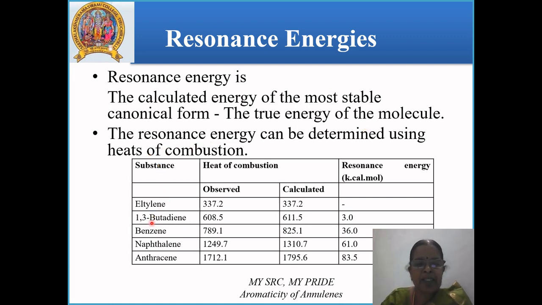If you compare the resonance energy of 1,3-butadiene with benzene, there is a vast difference. 1,3-butadiene, containing conjugated double bonds, has a resonance energy of only 3 kilocalories per mole, whereas benzene, containing 3 alternate double bonds, shows a resonance energy of 36 kilocalories per mole. Similarly, naphthalene and anthracene have higher resonance energies, which is responsible for their greater stability.